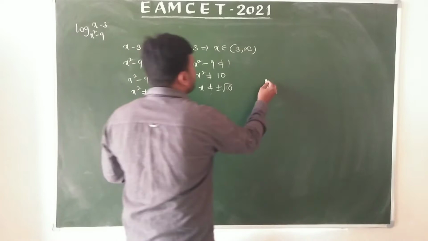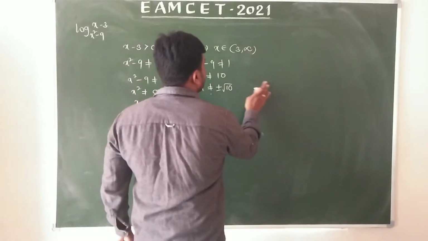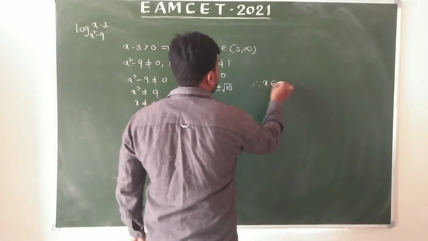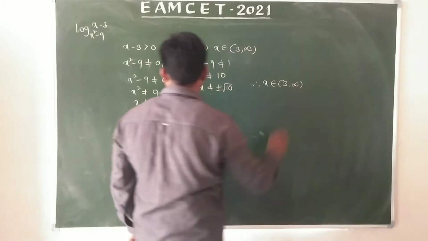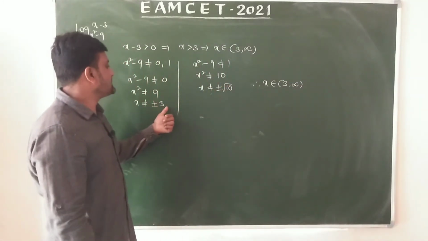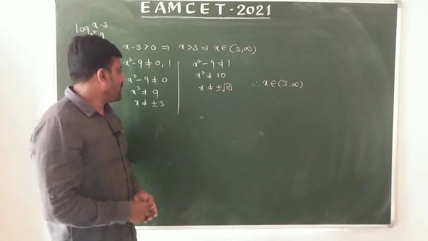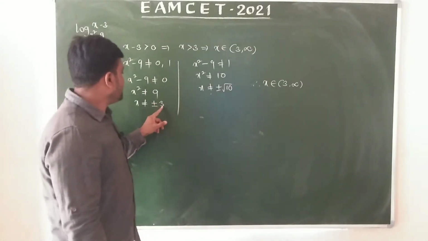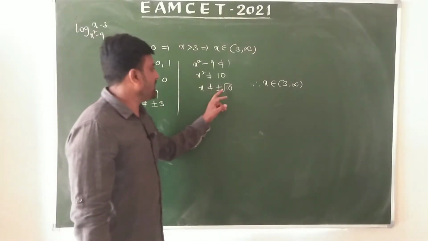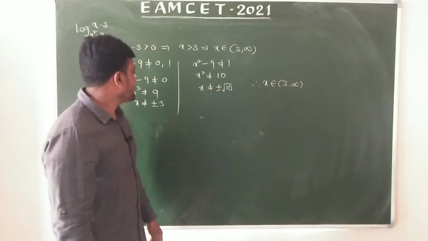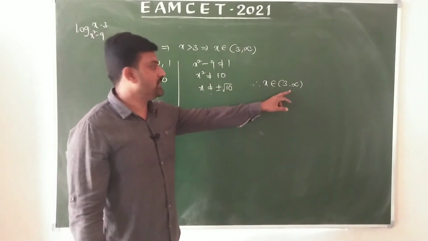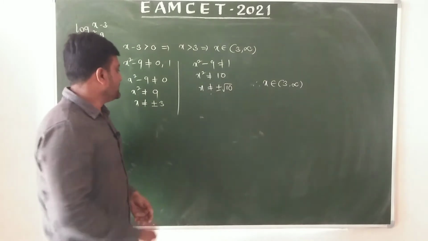Okay, now here the common solution is x belongs to 3 comma infinity, but except plus or minus 3. Observe here four points: 3, minus 3, plus 3 and minus root 10, plus root 10. These are not included, these are excluded.